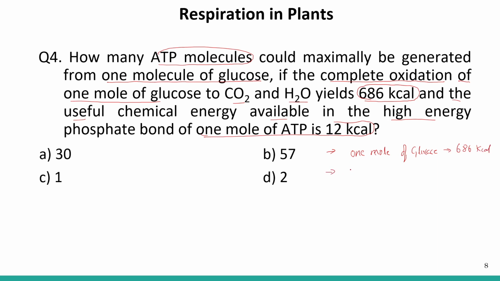It is also given that 1 mole of ATP yields 12 kilocalories. So the number of ATP molecules produced will be 686 divided by 12, which is equal to 57. So the answer will be 57.